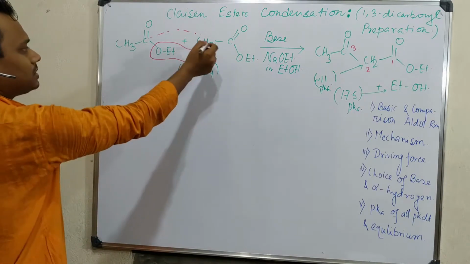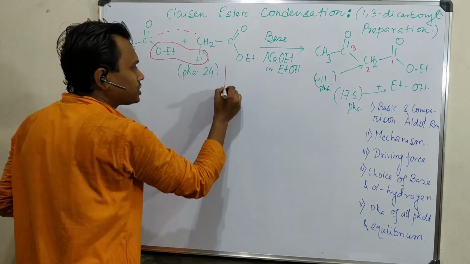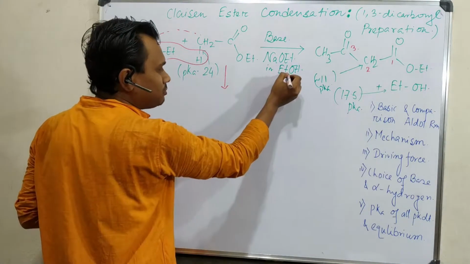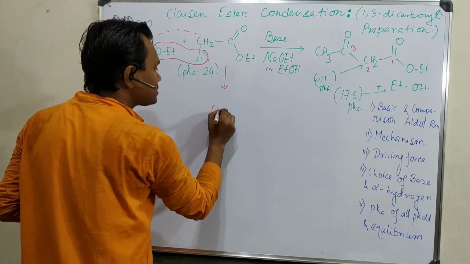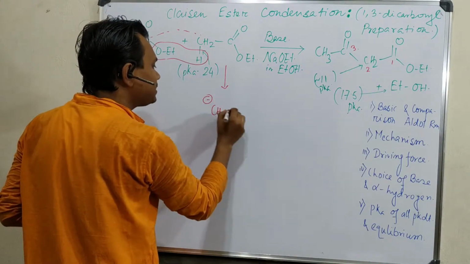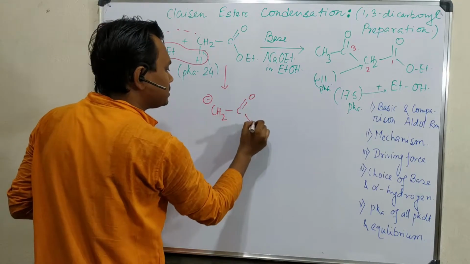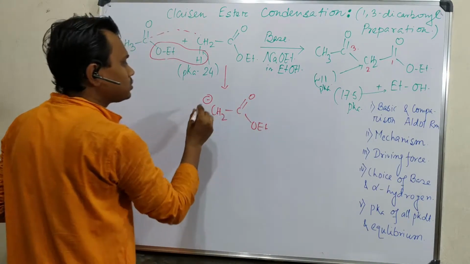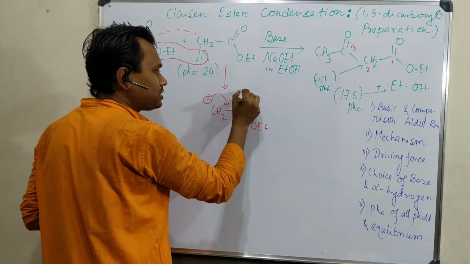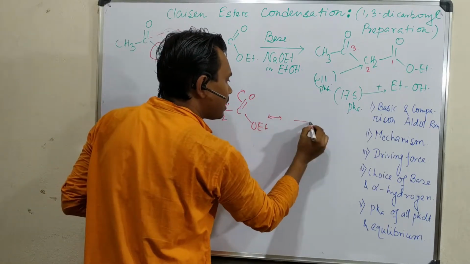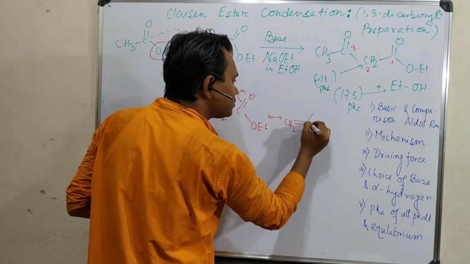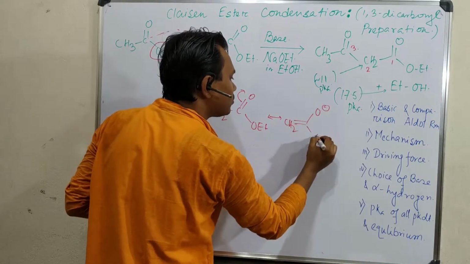Here, this ester molecule after deprotonation by a base like sodium ethoxide produces this CH2 minus COOEt. This is an enolate, resonance stabilized using this carbonyl group. So this is CH2=C(O minus)OEt.